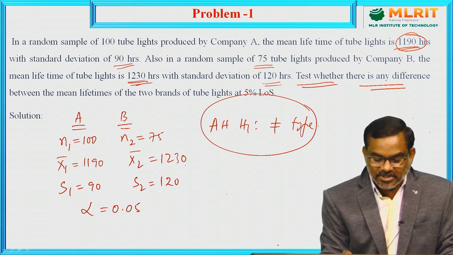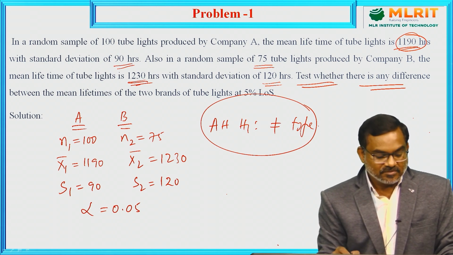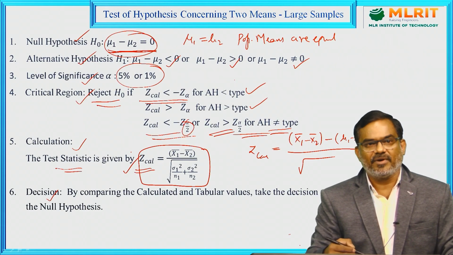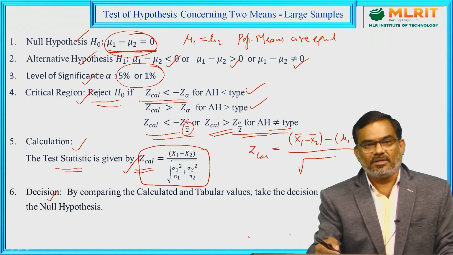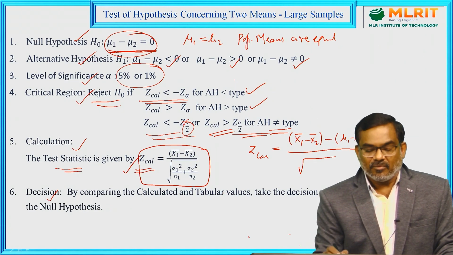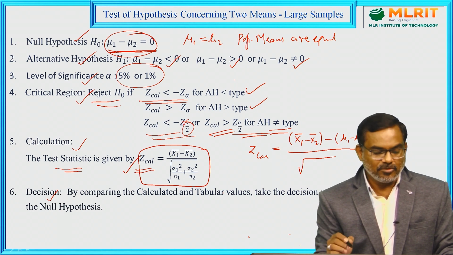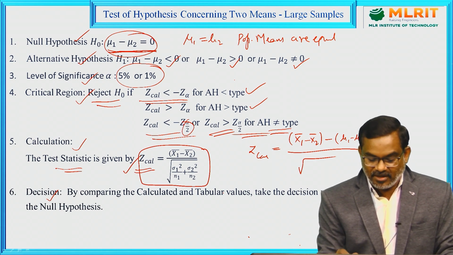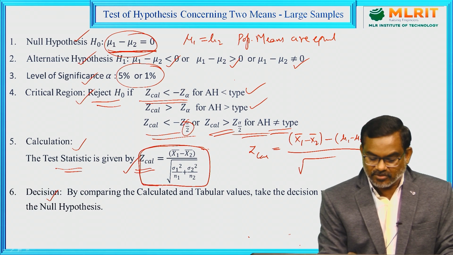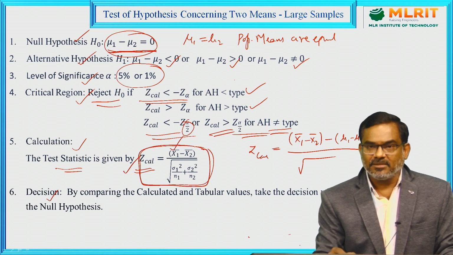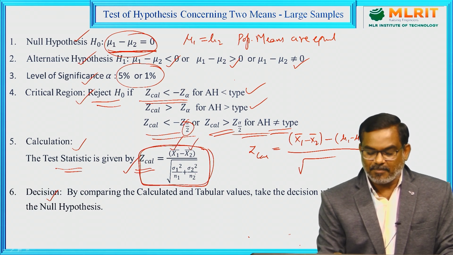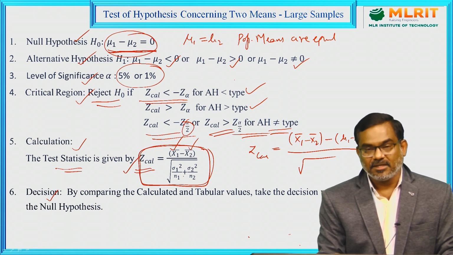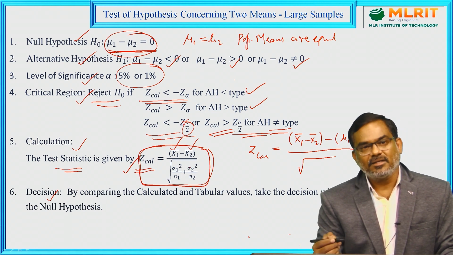Now, using this sample data and the procedure of testing of hypothesis given in the last slide, we can test whether the two means are equal or not. Here in the formula we need to substitute the sample mean, first sample mean, second sample mean and variances of populations or samples also.